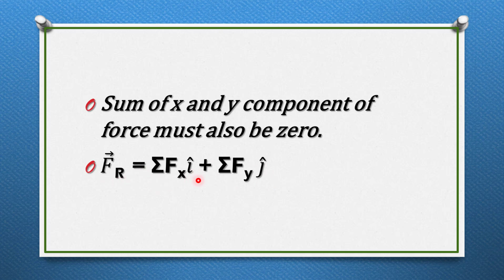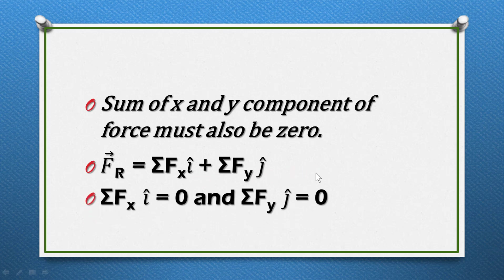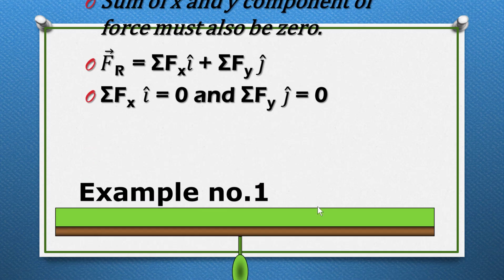Okay, summation Fx I hat plus summation Fy j hat. And for satisfaction of the first condition of equilibrium, the sum of all the x components of forces must be equal to 0, and the sum of all the y components of the forces must be 0. Okay, so the sum of x and y components individually must also be 0 for satisfaction of the first condition of equilibrium.